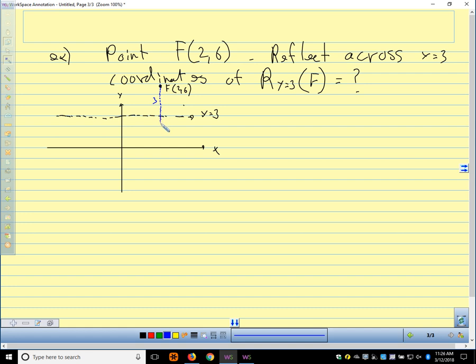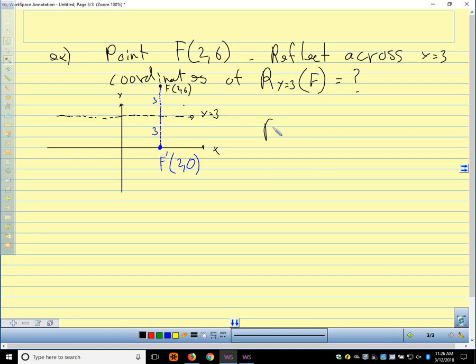So where does that put me? At 0. So F prime would be here on the x-axis at the point 2, 0. Because I reflected across a horizontal line, the x didn't change. And I had to go 3 units to get to the mirror line, so I had to go another 3 units down to get to my new point.